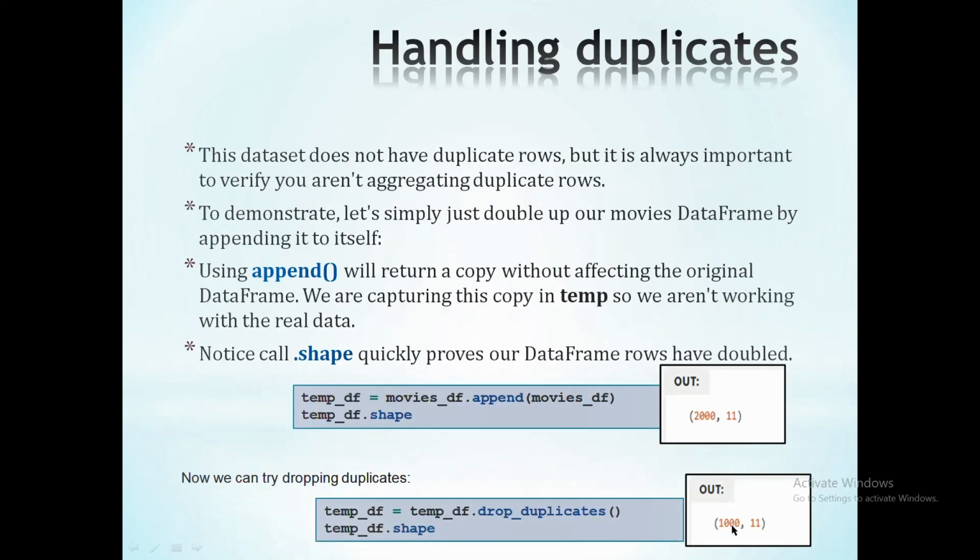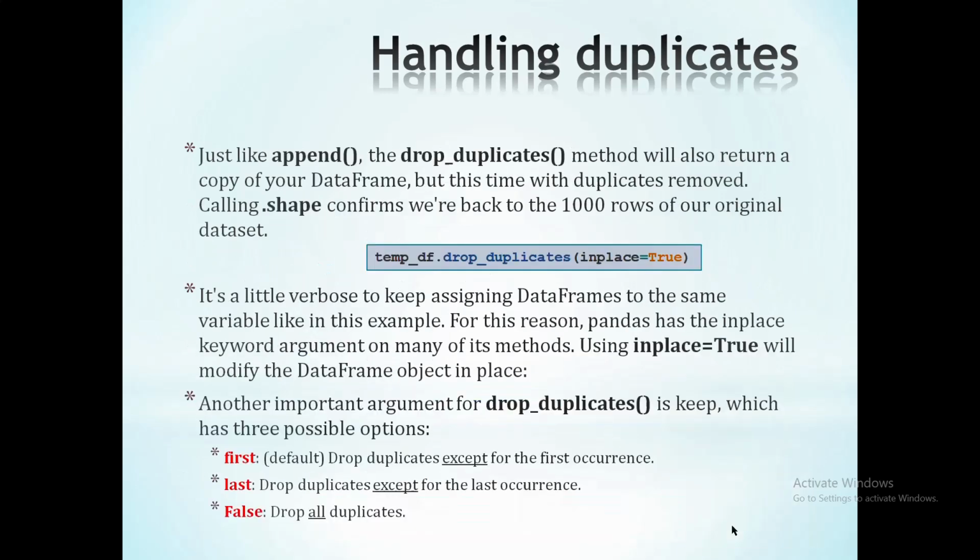So we are getting the value 1000 comma 11 as we saw previously. Just like append, the drop duplicates method also returns a copy of your data frame, but this time with duplicates removed. Calling the shape function confirms we are back to the 1000 rows of the original data set.